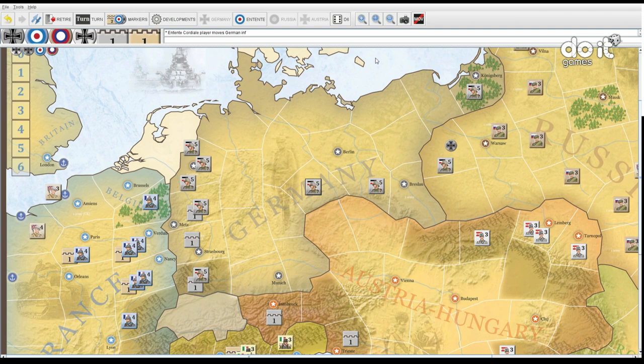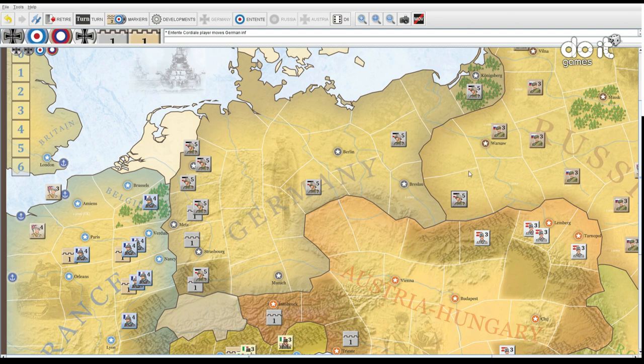I will explain why we do it like that. So imagine that I have one army here, and I activate those 2 armies, and this one moves first: 1, 2, because it's not controlled by the Germans, 3, 4, and finishes here. So both areas are under German control.